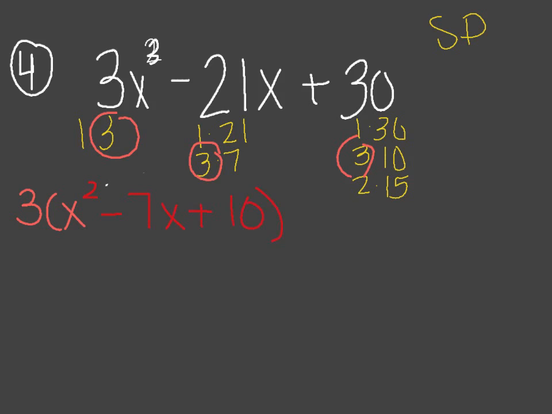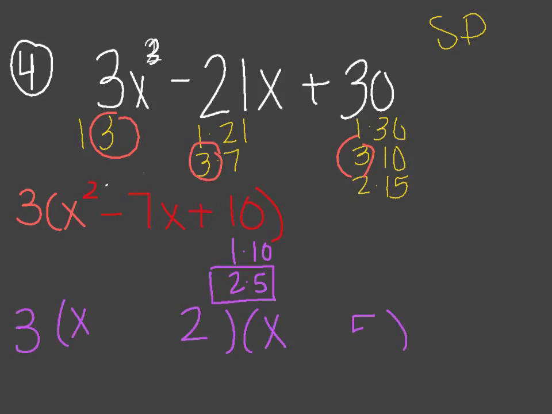Now I need to figure out the factors of 10, because this is a sum and product problem. Factors of 10 are 1 times 10 and 2 and 5. I need to ask myself what will give me a 7. I know that 2 and 5 will give me a 7. So I make my 2 sets of parentheses. My 3 is still outside. In order to get x squared, that's x times x.